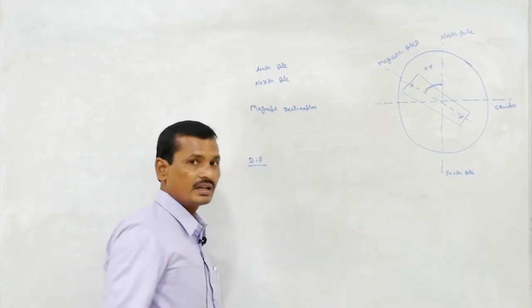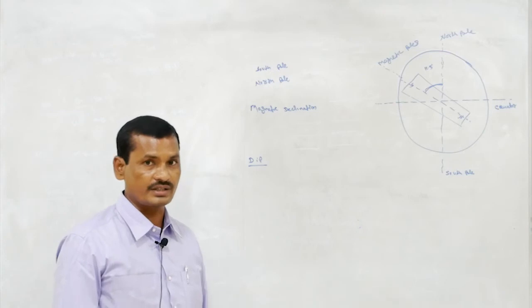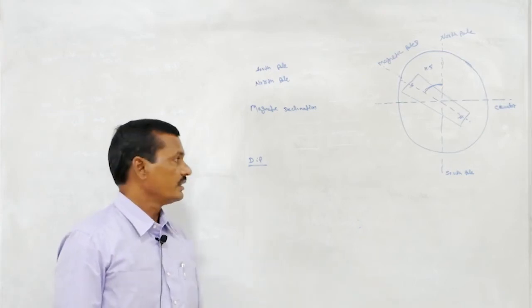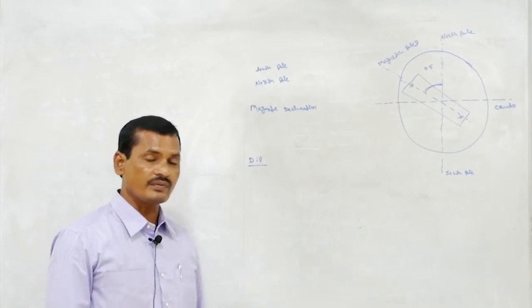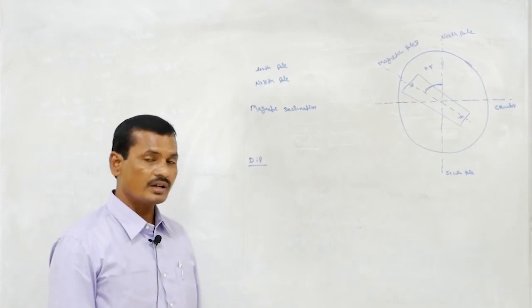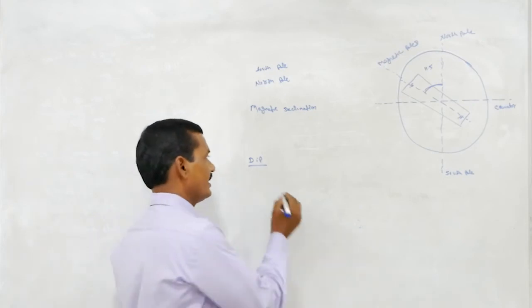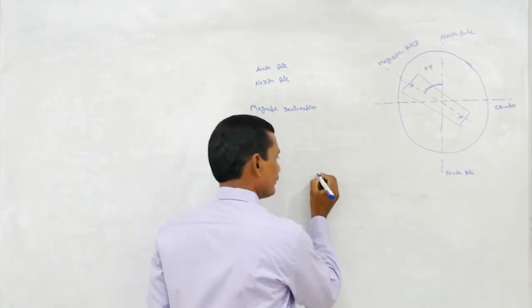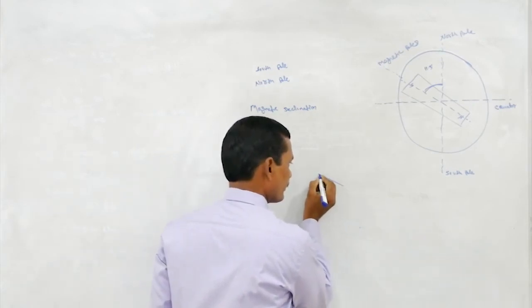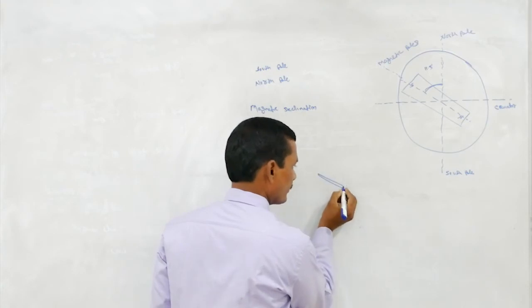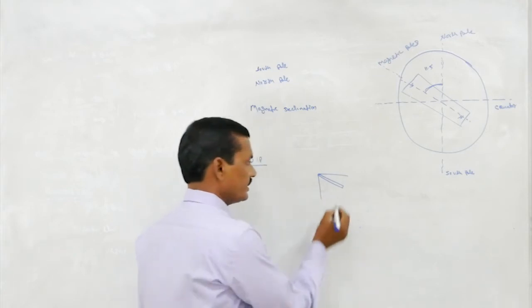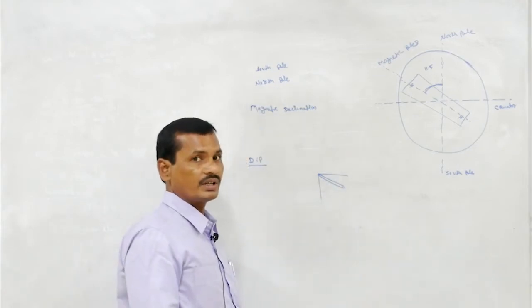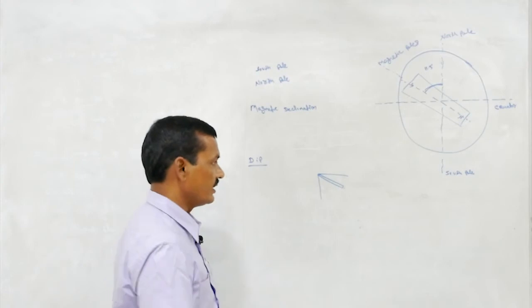Dip or inclination. It is defined as the angle between the resultant magnetic field of the earth and the horizontal component. This is the resultant component of the earth's magnetic field.